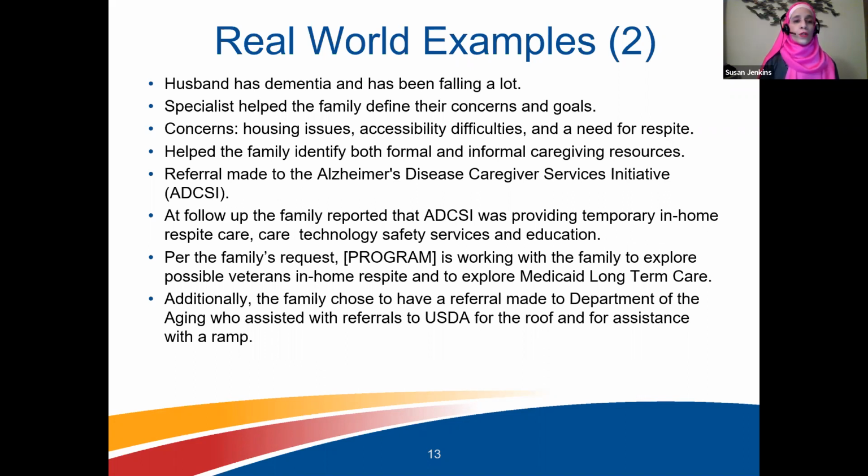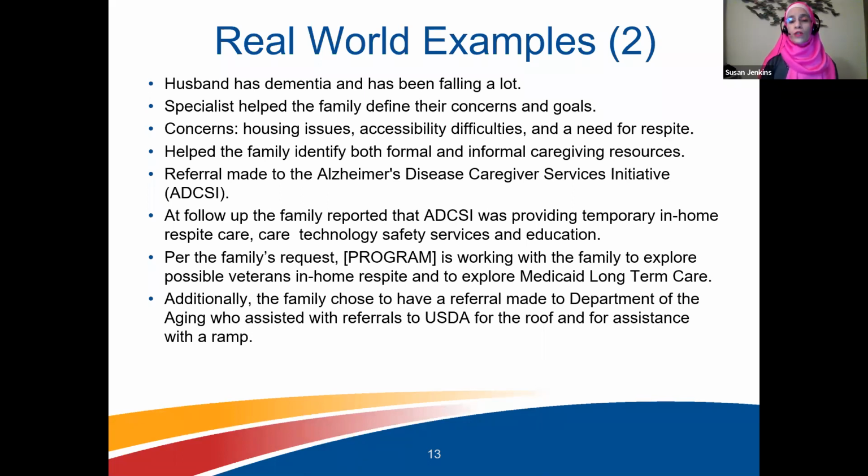And then it goes on to say, per the family's request, the program is working with the family to explore possible veterans in-home respite and explore Medicaid long-term care. And additionally, the family chose to have a referral made to the Department of Aging, who assisted with referrals related to roofing assistance and with a ramp.